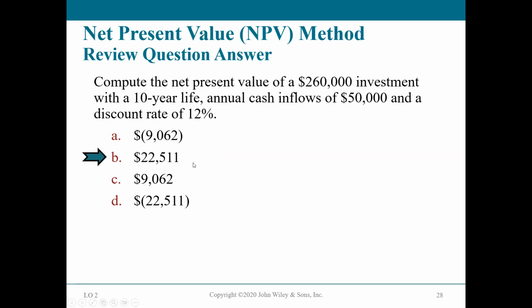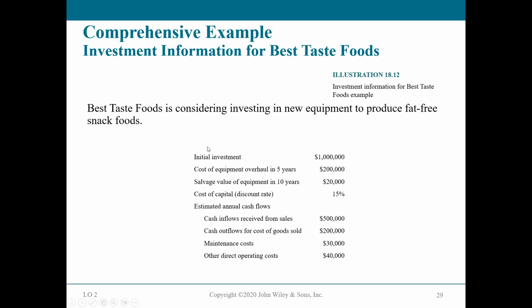But at the end of the day, you should have a positive net present value of 22,511, which means if you invested 260, your future cash flows would be worth 282,511. Again, you can use Excel or a financial calculator or your present value tables. Remember, this is 50,000 per year for 10 years, at 12%.